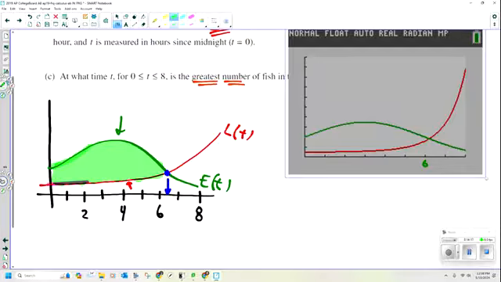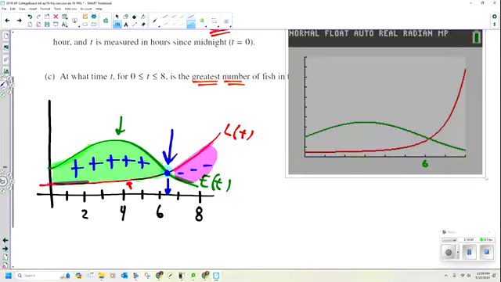I'm getting higher and higher quantities. They're going to be the same right here. After that, there are way more fish leaving than coming in, so we're losing fish. Up until this point I always have a surplus, so at this point is when I have my greatest amount, because after that I start losing fish.